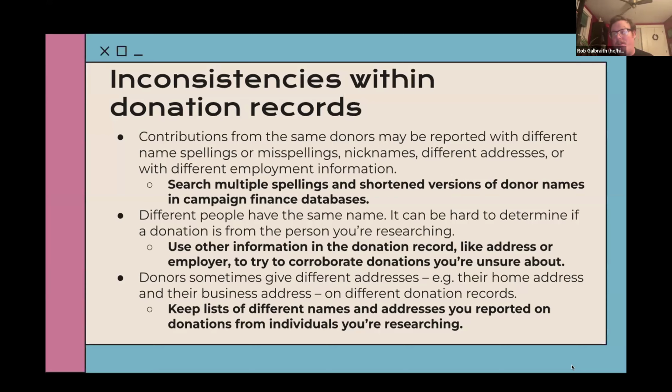That address information can also be really useful to determine if the donors you're looking at are giving as well as their spouses or any children that live at home. If you're seeing several donations from people with the same last name, all coming from the same address, that can be really useful to know, because especially these really high dollar donors will max out, but their spouses will max out too, and their children will max out.